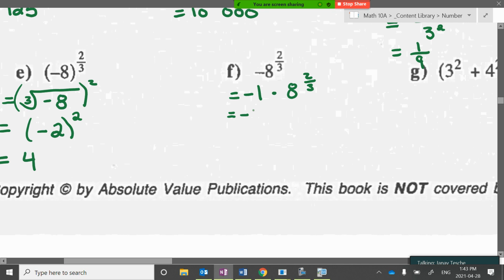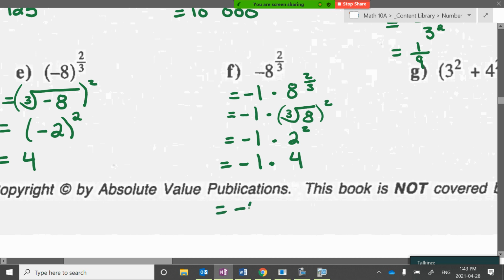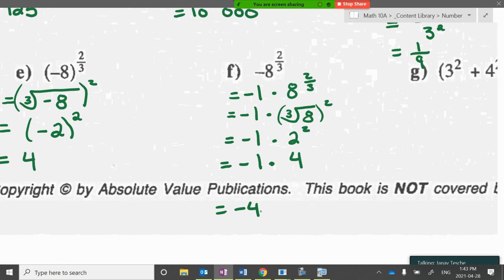So I get -1 times the cubic root of 8, then I have to square that. So I get -1 times 2 squared. I'm showing a lot of steps here, you could show less. But 2 squared is 4, so then I get -1 times 4, which gives us -4. By doing that -1 out front, it really helps you.